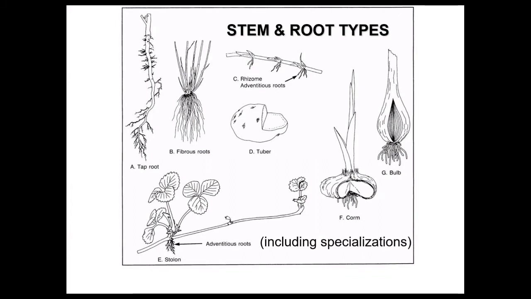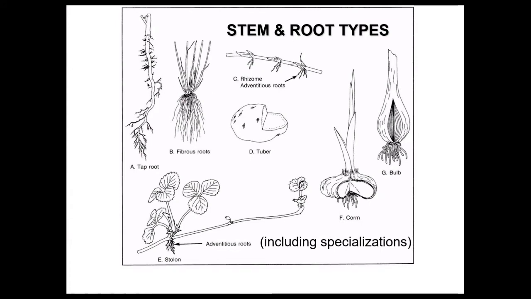You get plantlets developing this way, and it's a quick way of making babies that are clones. Whereas a rhizome can do that too. It can form asexual reproduction. And I think I've got a slide or two that will show it. But rhizomes are often fleshy and provide storage.